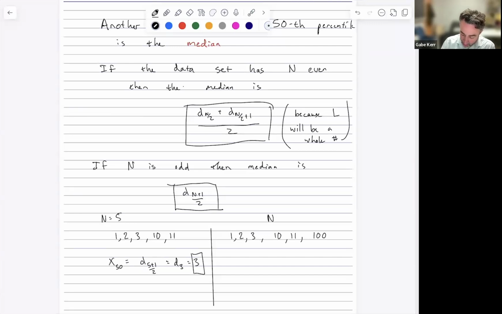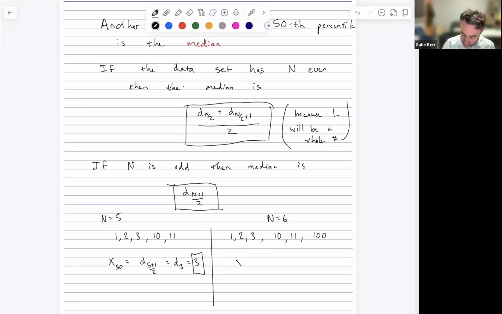Now here on this right-hand side, n is 6. I've tacked on this other point, 100. So we are in the case where n is even. And now we have to take an average. We don't have that singular middle data point, right? This is the first, second, third, fourth, fifth, and sixth. So these two are in the middle. And instead of taking one of these two, which wouldn't give us the correct percentile, we'll take the average, something in between.